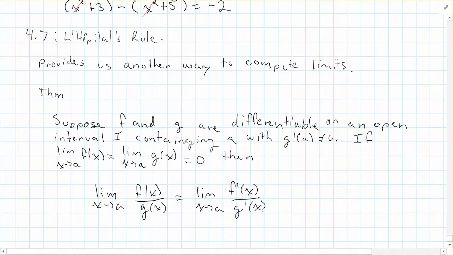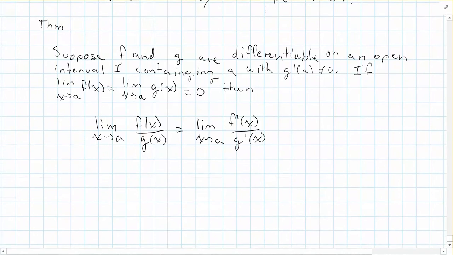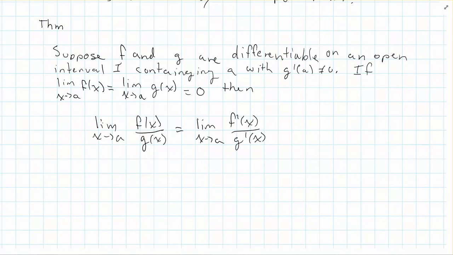Now, I know this looks a little confusing here. What I really like to think about this, and we're going to talk about this more when we pursue this section, is the forms. Basically, we have some function, I'll call it h at x equals f at x over g at x.